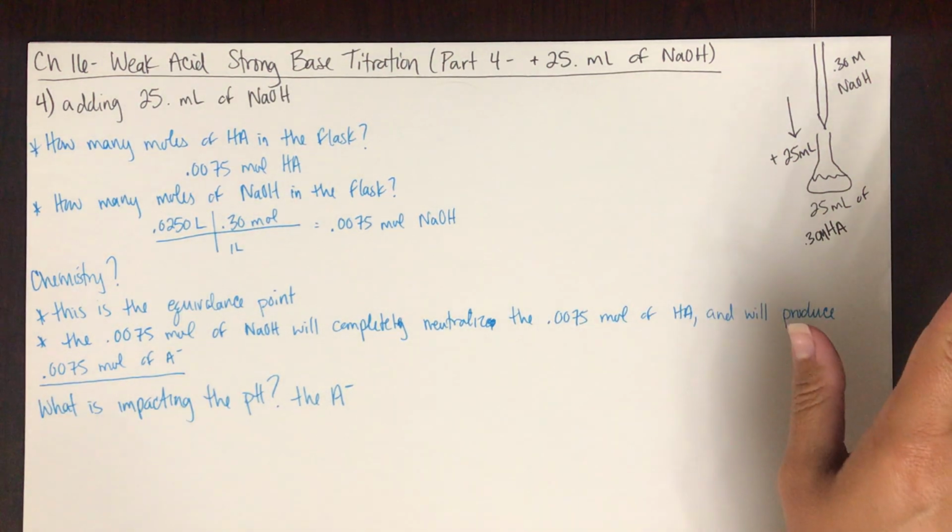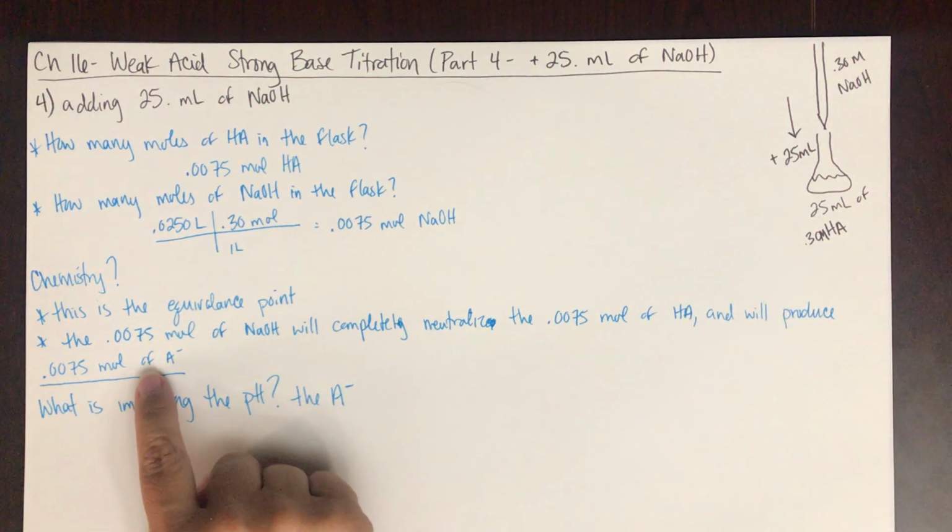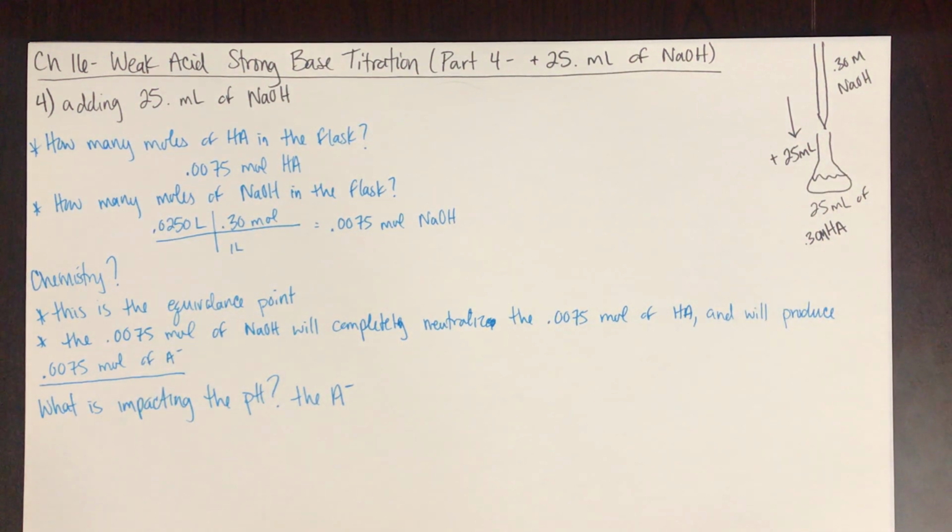They've totally neutralized each other. But now this 0.0075 moles of conjugate base is the only thing impacting the pH. So how do I solve for pH when I just have a base?